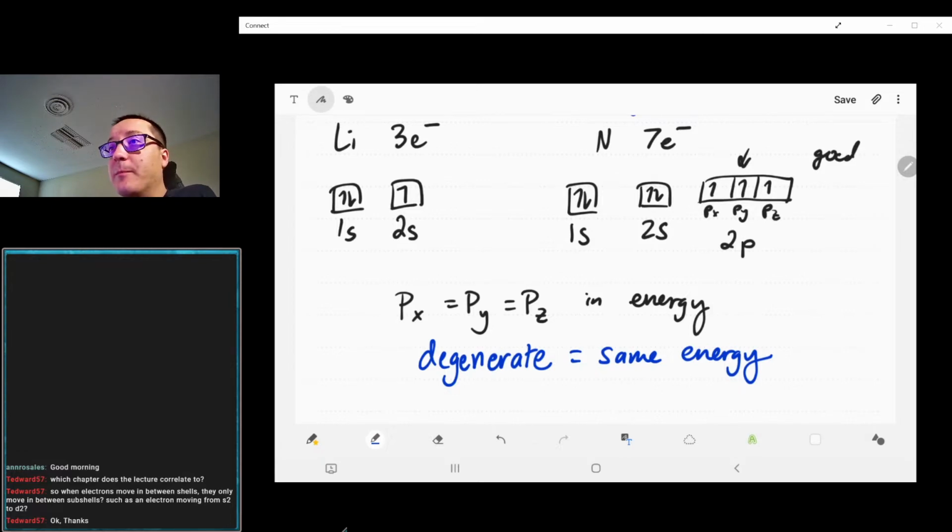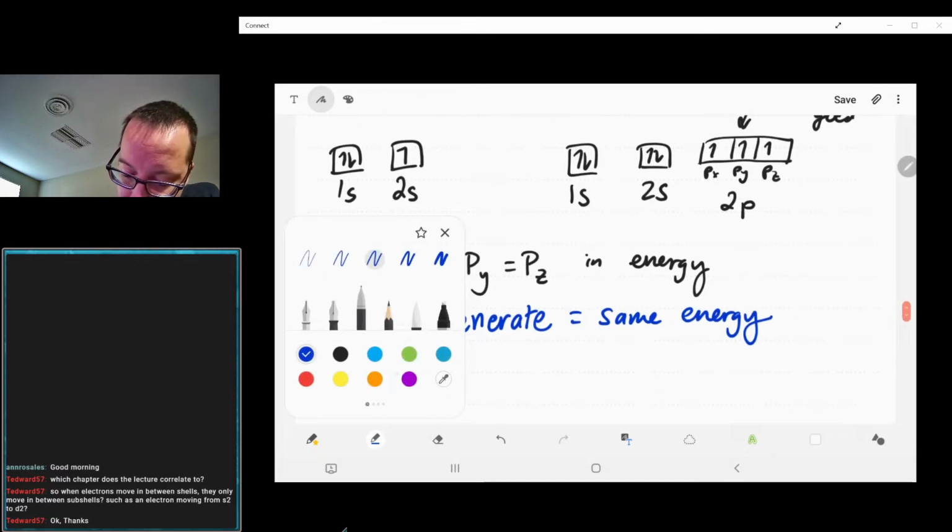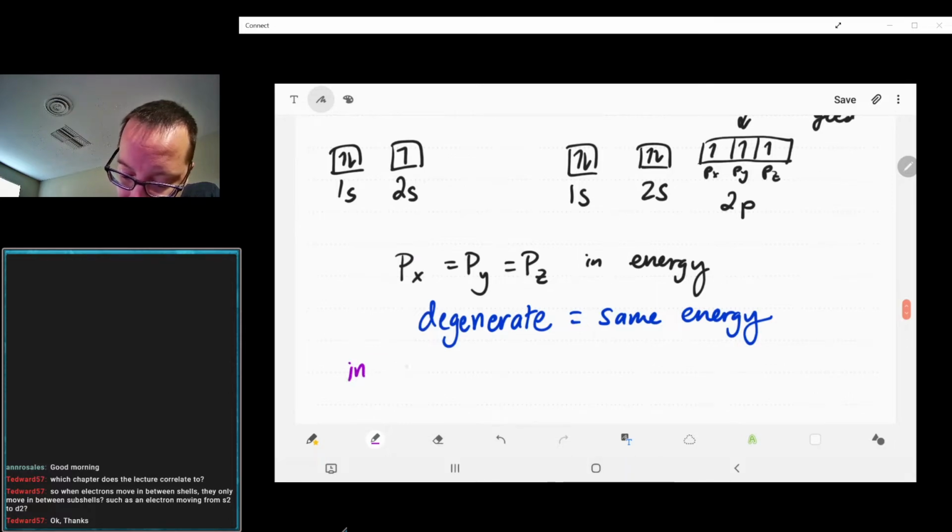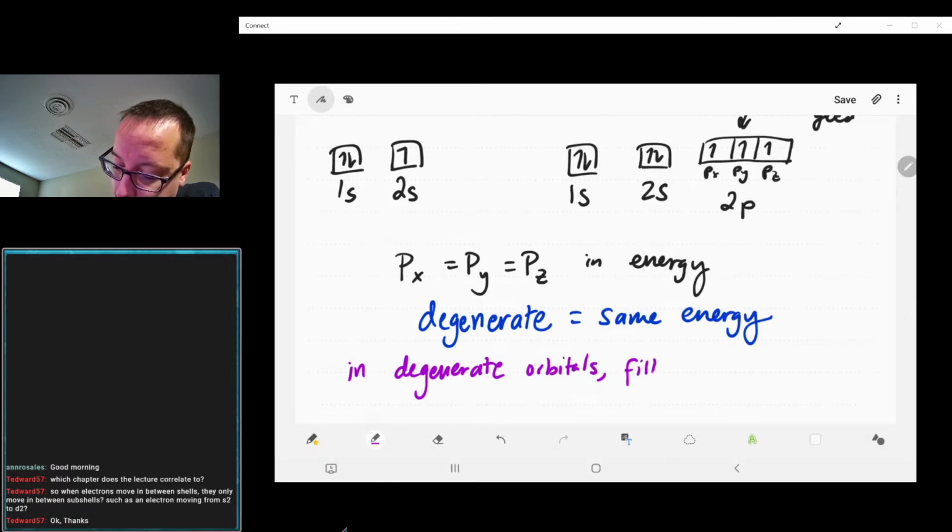Because they have the same energy, instead of pairing off our electrons, we fill them one at a time in degenerate orbitals. Let's get rid of the boxes. Fill singly. Singly, that's a new word.